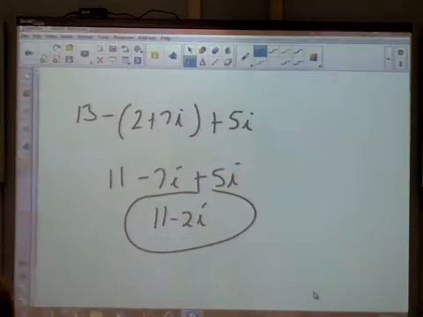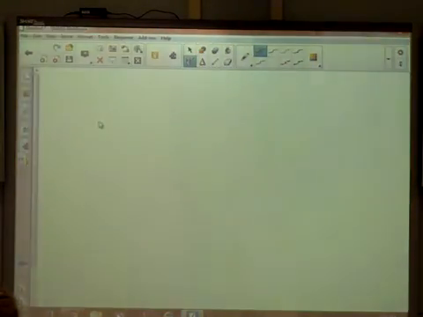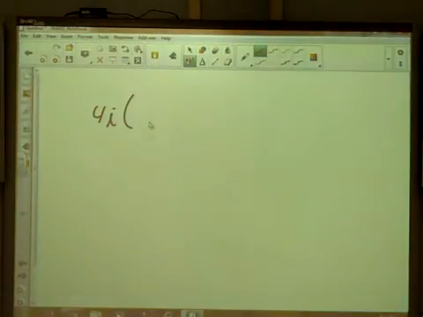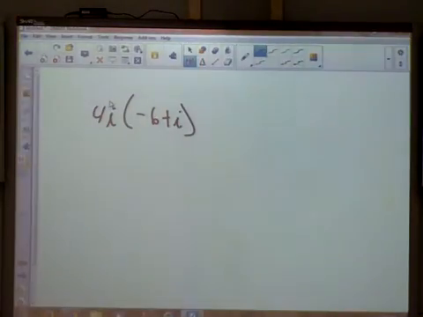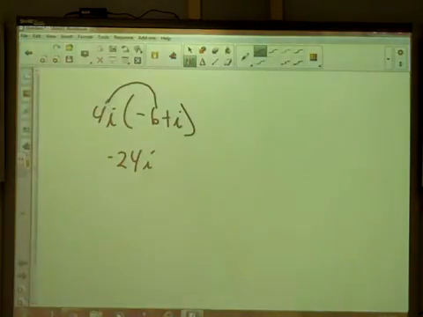Now let's look at some multiplying with them. This one I've got 4i times the quantity negative 6 plus i. Okay, Kylie's right. The 4i right next to the parentheses means we're going to distribute it to everything inside the parentheses. During my distributing, I'm going to pretend just like it's a variable. So that 4i times negative 6 would get me negative 24i. 4i times i, what's i times i?